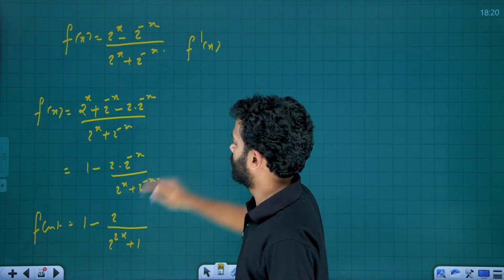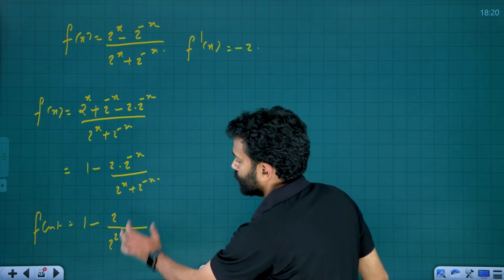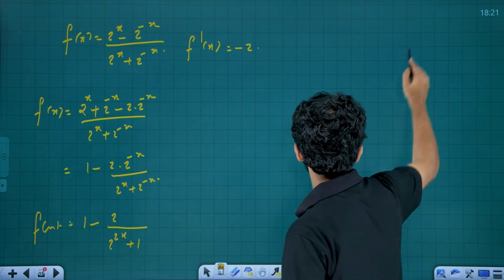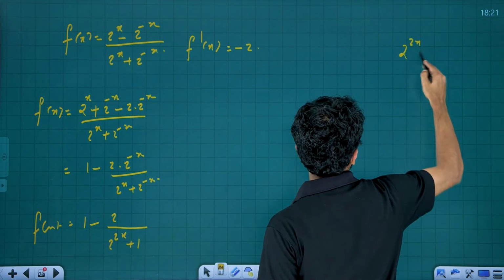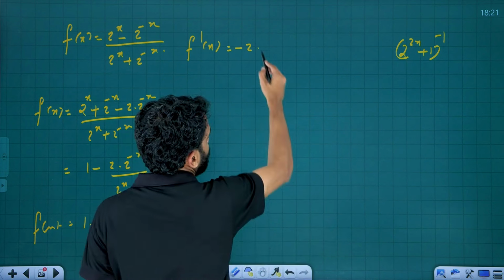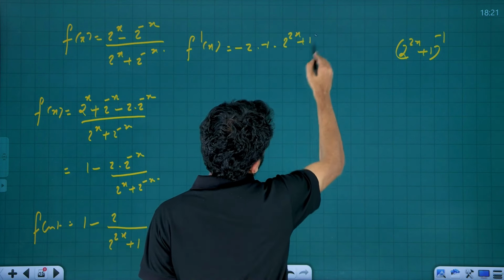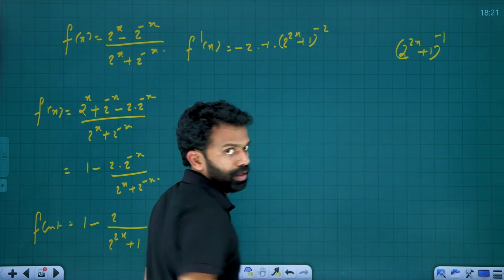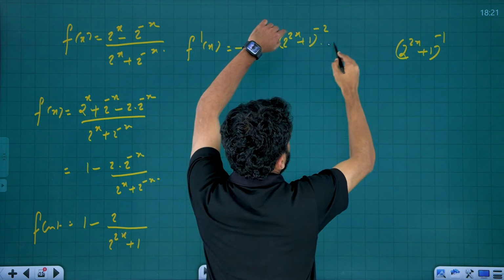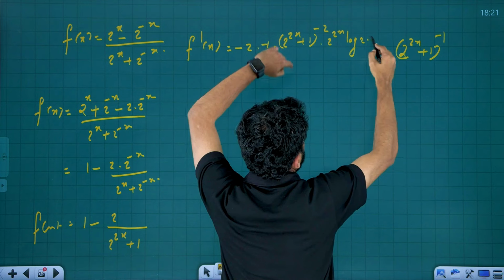So what is f dash of x? This becomes 0, which is equal to minus 2 into, this will come on top, that is 2 raised to 2x plus 1 the whole raised to minus 1. What is the derivative of that? Into minus 1 into 2 raised to 2x plus 1 the whole raised to minus 2 into 2 raised to 2x log 2 into derivative of this one, that is 2.